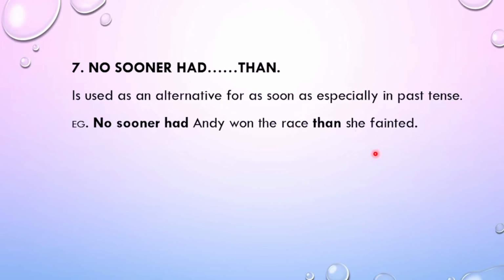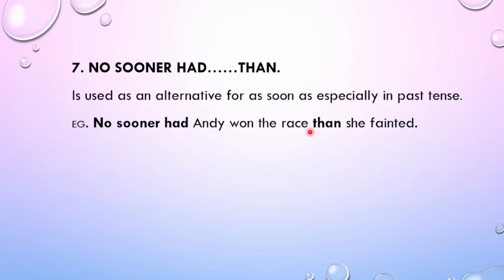Please take note of this point that I'm about to say. All these other time conjunction words carry a comma when used to start a sentence, but it's totally different from no sooner had dash dash done. You are not supposed to put a comma anywhere in the sentence where you use no sooner. For example, if you place a comma here, then you say than she fainted, that's a very wrong statement, and you get it wrong even in the exam.